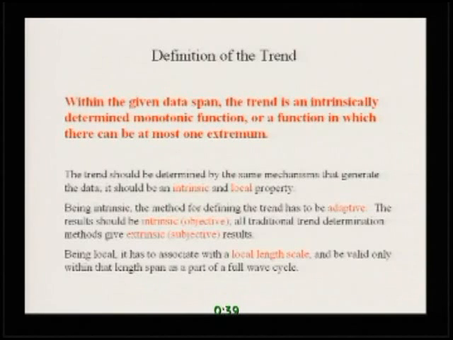This intrinsic is against extrinsic. Intrinsic is objective. Intrinsic means that it is determined by the data. Extrinsic is, I don't know, I don't care what the data is, I determine it for you. If you determine it for the data, that means you can impose the trend on the data, a straight line. If you argue, so why a straight line?